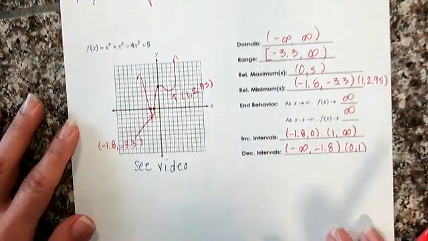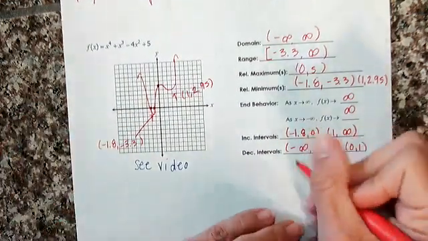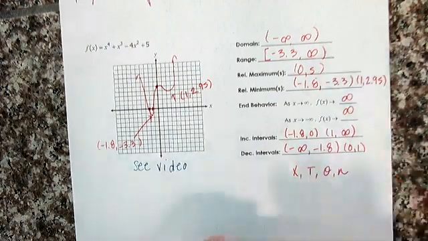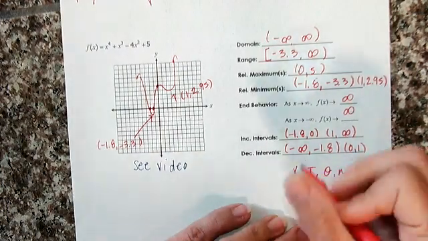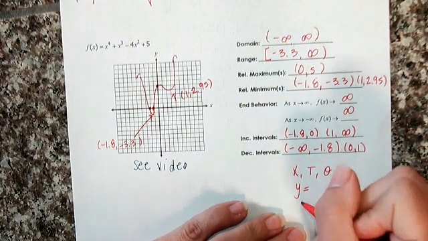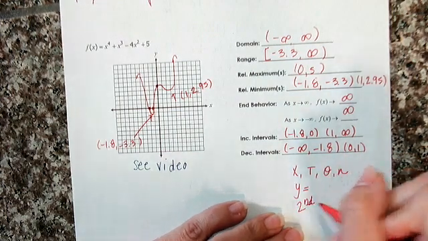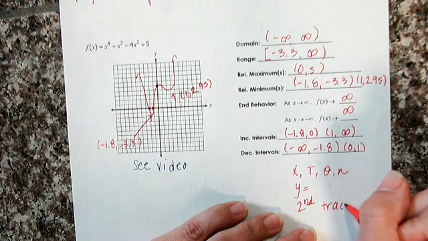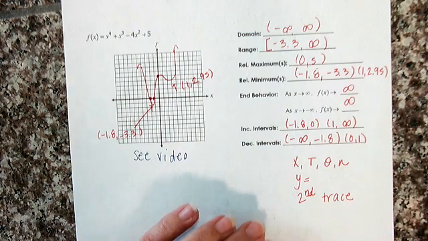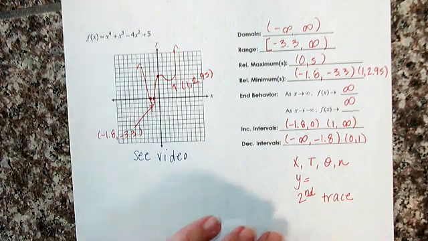Okay. So the key calculator strokes. This is where you input the variable. Y equals is where you put the graph. Second trace accesses a lot of the menus.